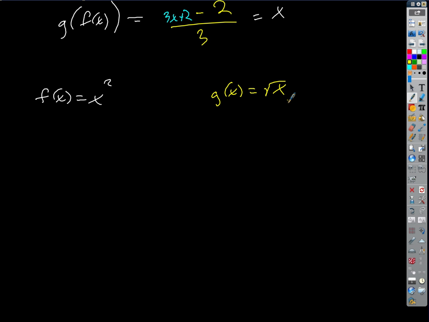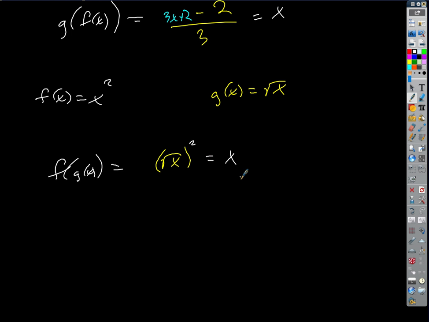If that's true, f of g of x has to be x, and g of f of x has to be x. So f of g of x would give us hand squared. So we're just going to get g of x, the square root of x, squared. Yeah, it works. It's equal to x.